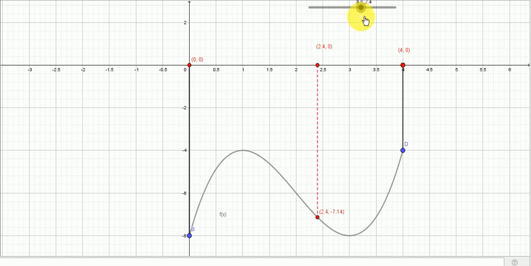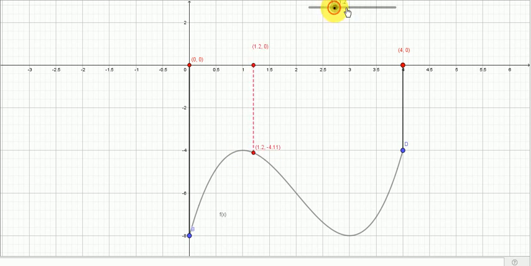Now the next term is stationary or turning point. A stationary or turning point is nothing but the point of maximum or minimum. Like here, 1 is the point of maximum for this interval [0, 4], so 1 is a stationary point, or you can say it is a turning point.